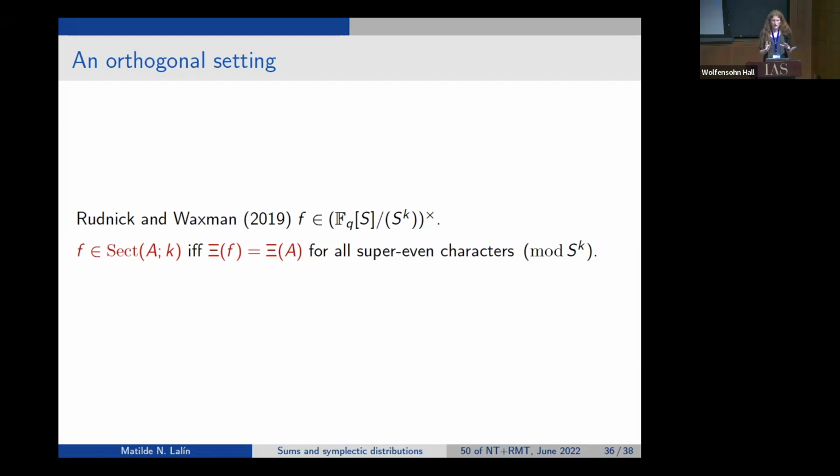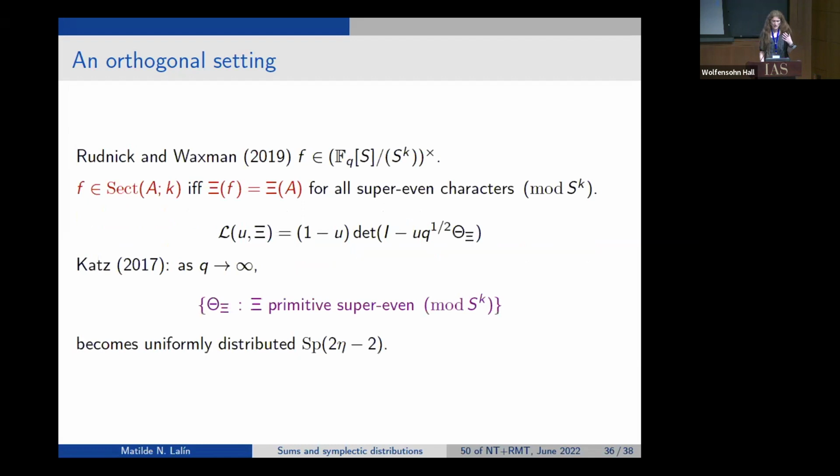The way Rudnick and Waxman model their question, they look at the distribution of primes, so they work with the von Mangoldt function. We replace that by the divisor function. And the way this is modeled is by using super even characters, a certain family of even characters.